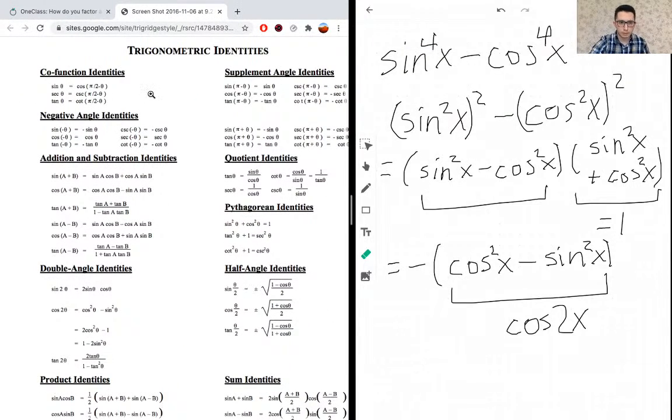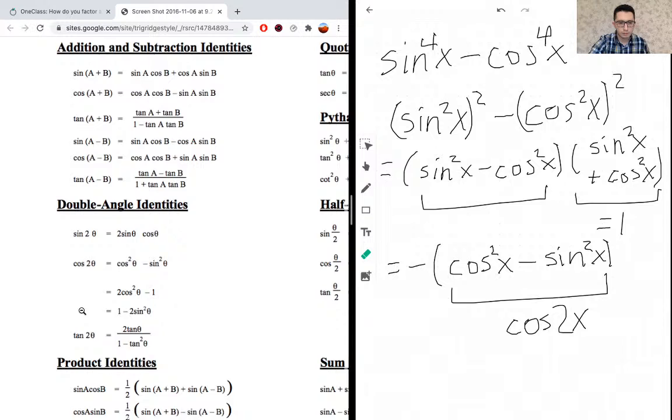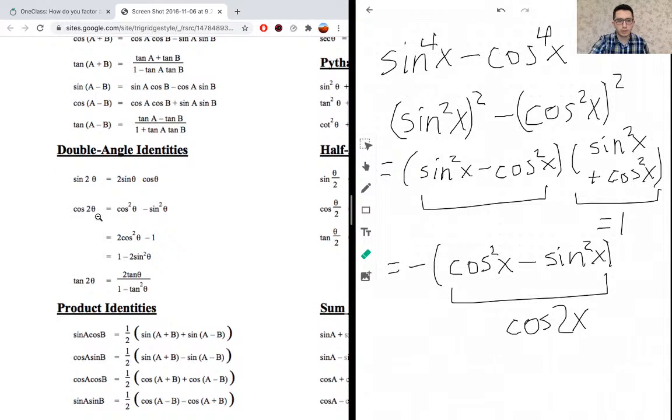Alright, here we can see cos 2 theta. Cos 2 theta is equal to cos squared theta minus sine squared theta. That's the trig identity we're using to simplify.